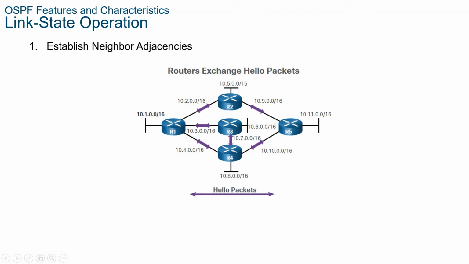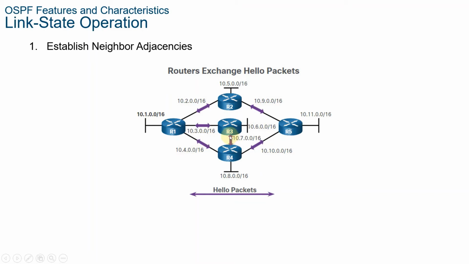Now let's talk about the first one, which is establishing neighbor adjacencies. OSPF enabled routers must recognize each other on the network before they can share information. An OSPF enabled router sends hello packets out all OSPF enabled interfaces to determine if neighbors are present on those links.